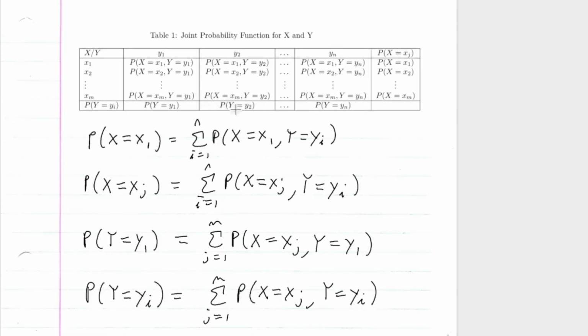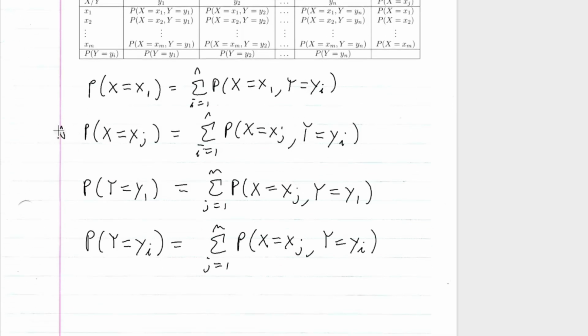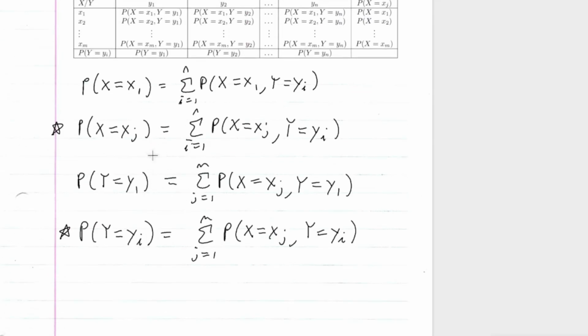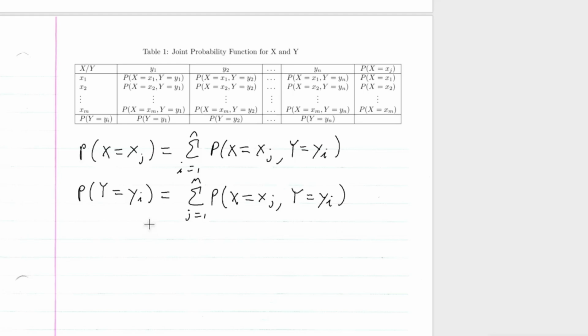It could be y sub 2 or y sub n. Okay, so these are really important for when we want to talk about expected value. All right, so now we're going to be talking about expected value. I'm going to have these two important ones right here with our table.